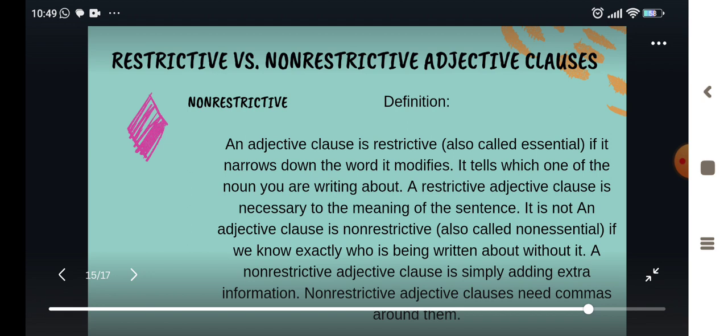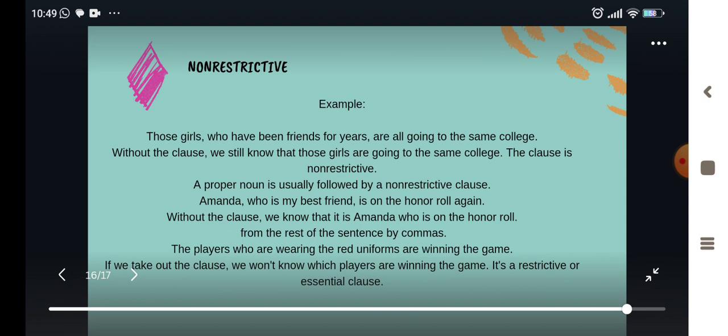If we know exactly who is being written about without it, a non-restrictive adjective clause is simply adding extra information. Non-restrictive adjective clauses need commas around them. So, to understand better, let's look at an example.